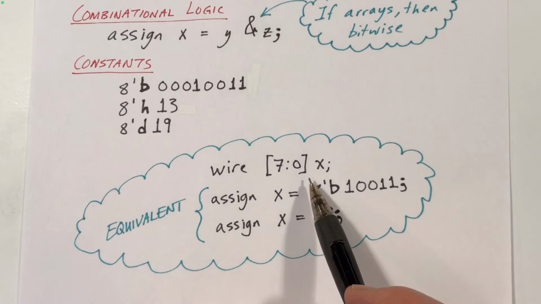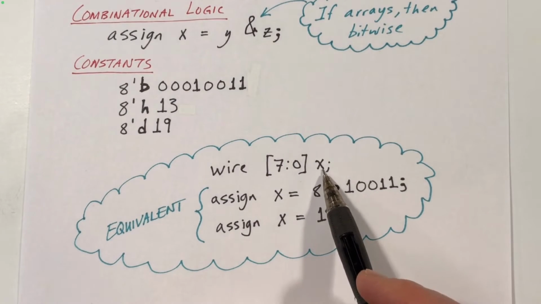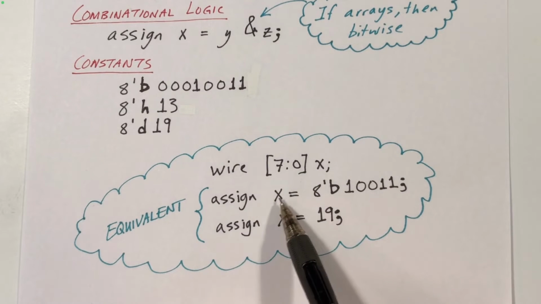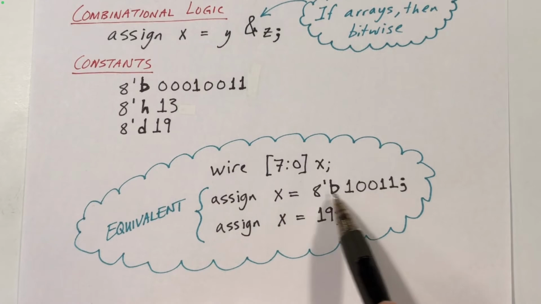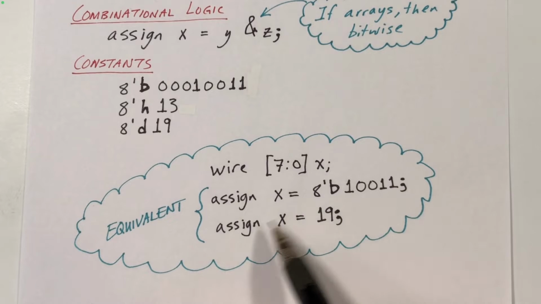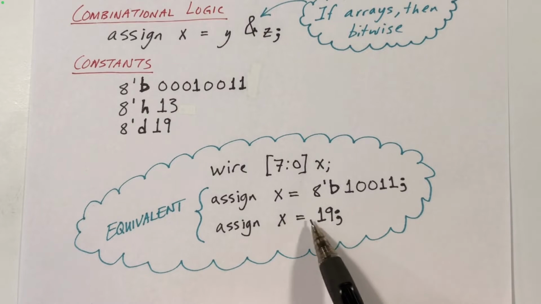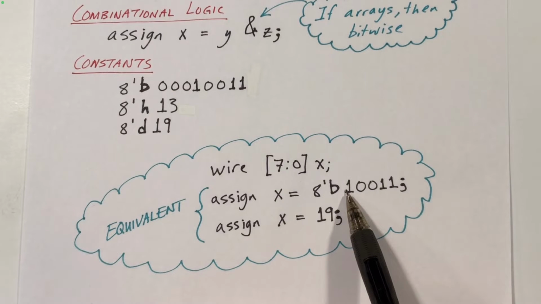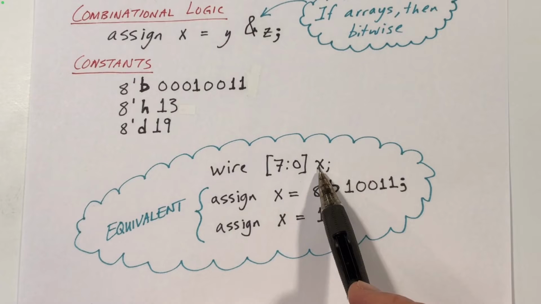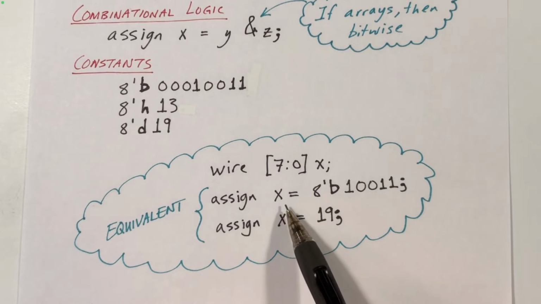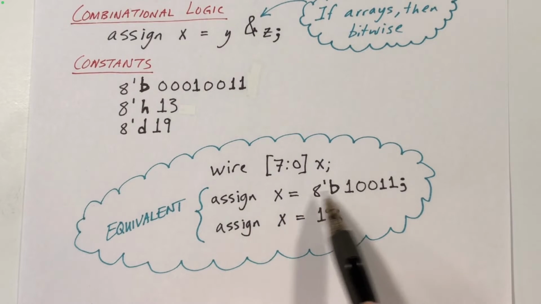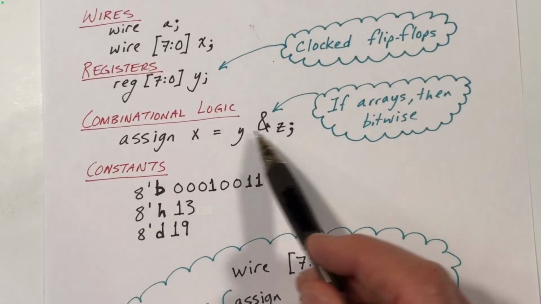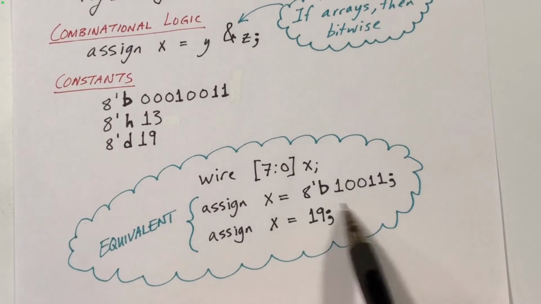Now down here we have an example where we've got a bus or a wire with 8 individual components, and we are tying it to particular fixed values. So we're expressing the value one way here, and here we're expressing it in decimal. The decimal is assumed, and these things will both be 0 extended to the appropriate size here. These are equivalent, but obviously you would assign X to only one thing, whether it's the result of some combinational logic or tying it to fixed values.